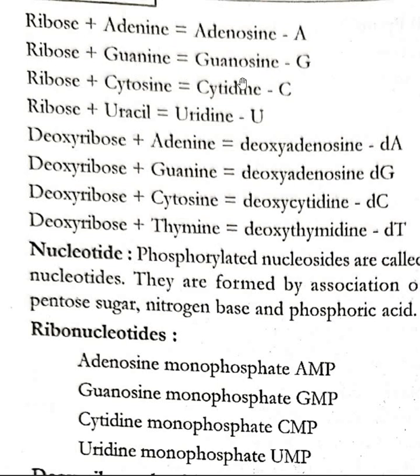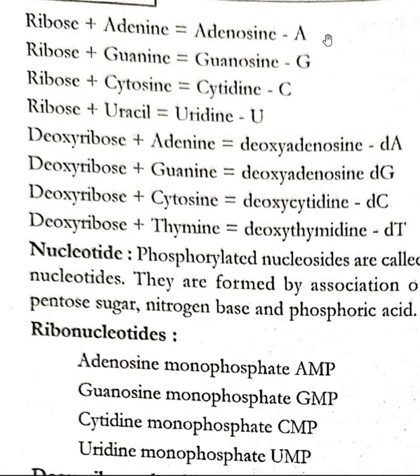A ribose sugar with guanine, guanosine. Cytidine, uridine. So only ribose sugar and nitrogen base without phosphorus. Phosphorus is not present in this case. So this is known as a nucleoside. What is a nucleoside? A nucleoside is only the ribose sugar and a nitrogen base.